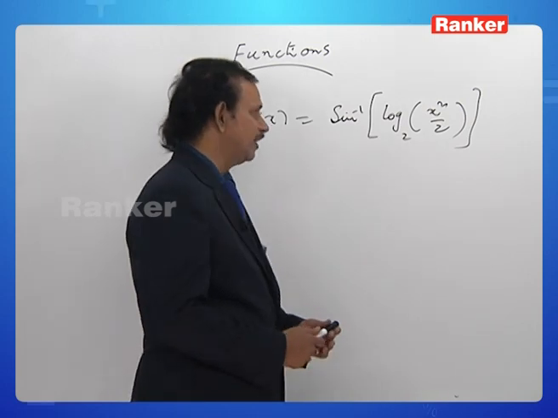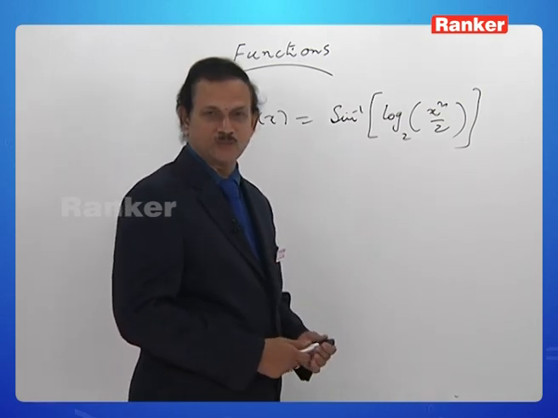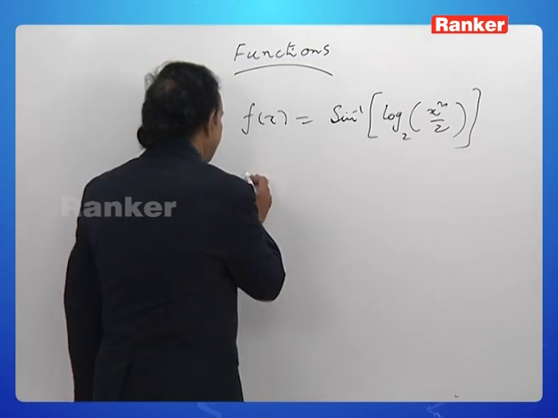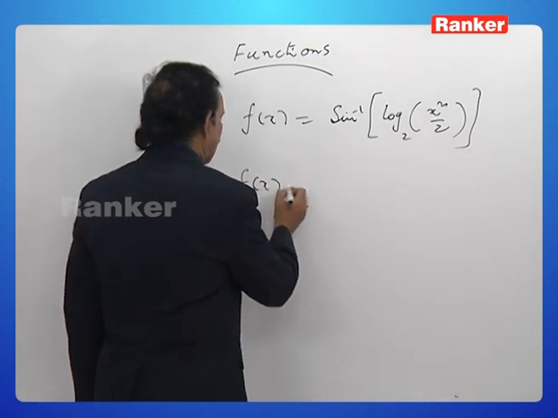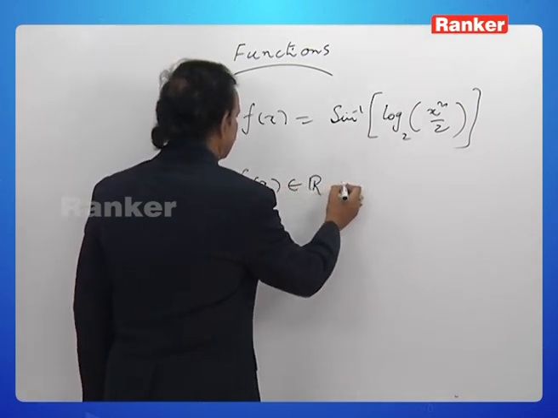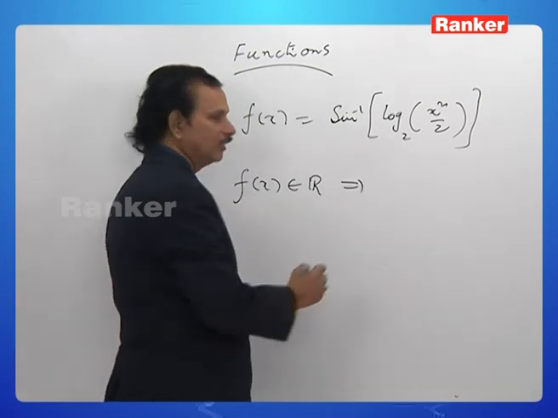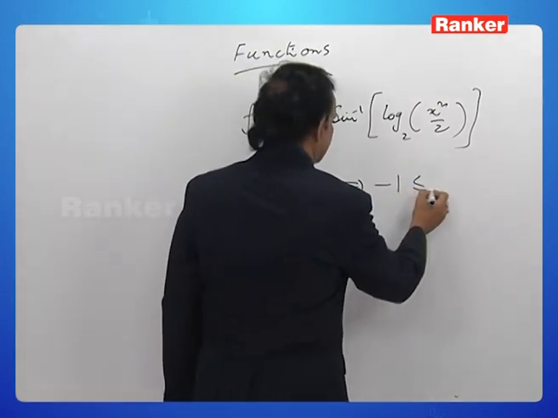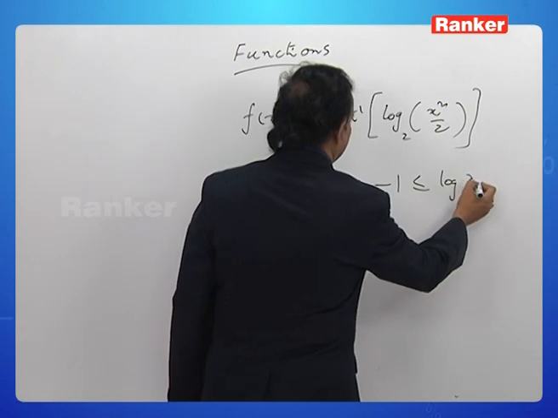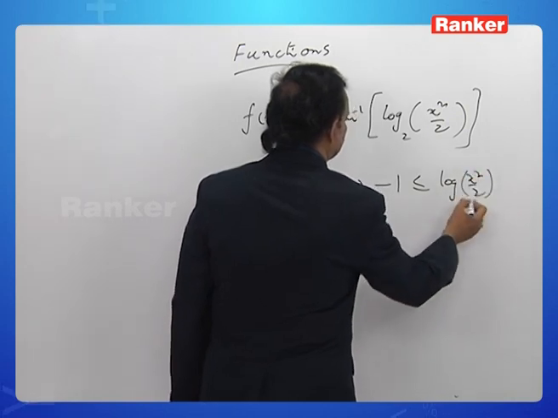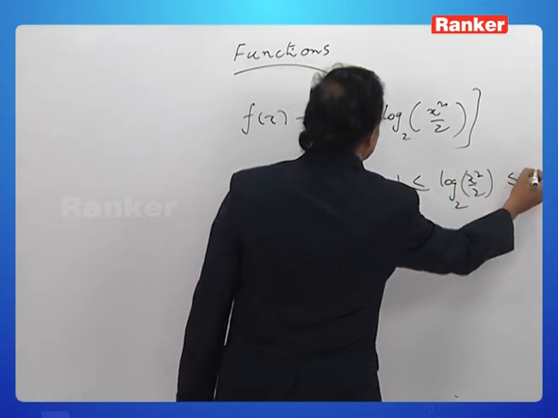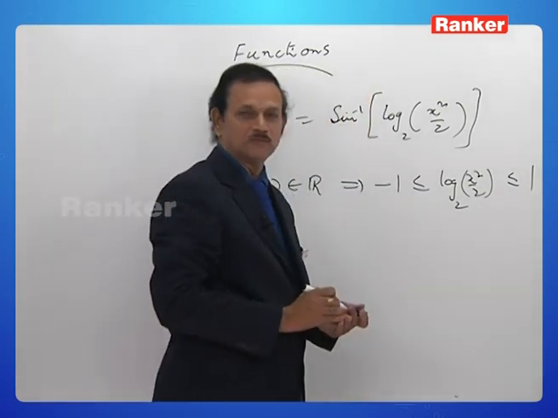We all know that the domain of the sine inverse function is minus 1 to 1. So, f of x belongs to R implies minus 1 less than or equal to log x square by 2 to the base 2 less than or equal to 1.